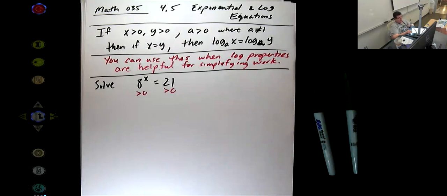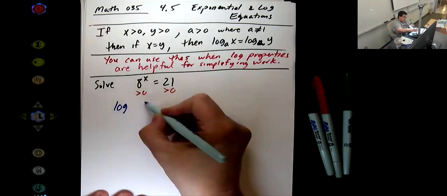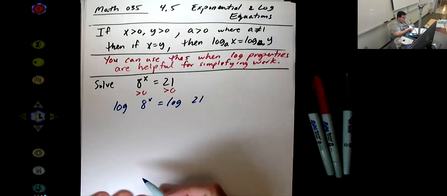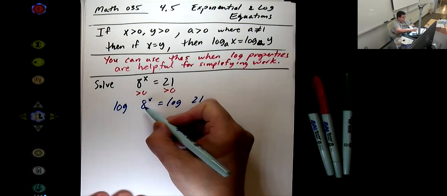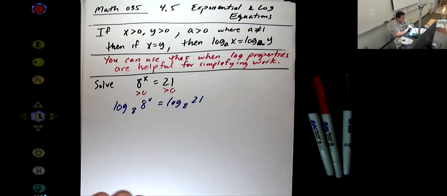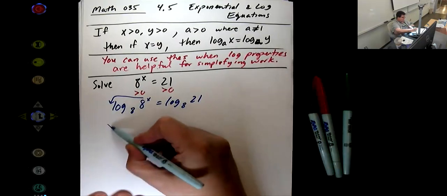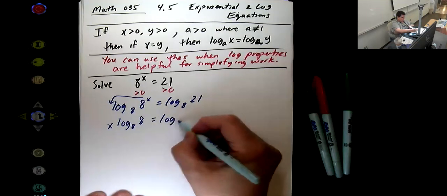A useful thing with the logarithm base is if I choose my base to be the same as the inside, things get easier. Remember, exponents can come down. So I have log base 8 of 8^x equals log base 8 of 21.